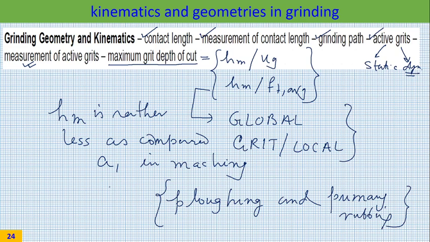This is one reason. Other reason is that in grinding, rake angle is highly negative. So these are the reasons. As you can see, we started with a very simple thing. We spent a not significant amount, but some amount of time describing what are the different types of grinding and all those things.